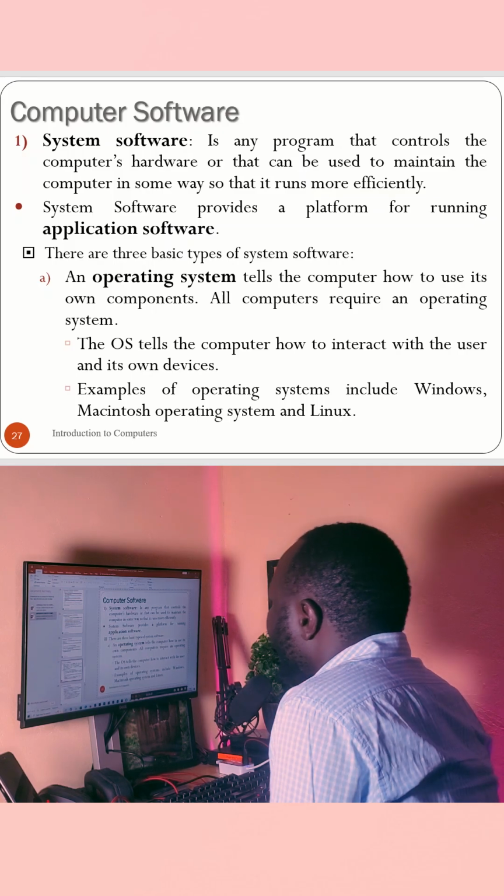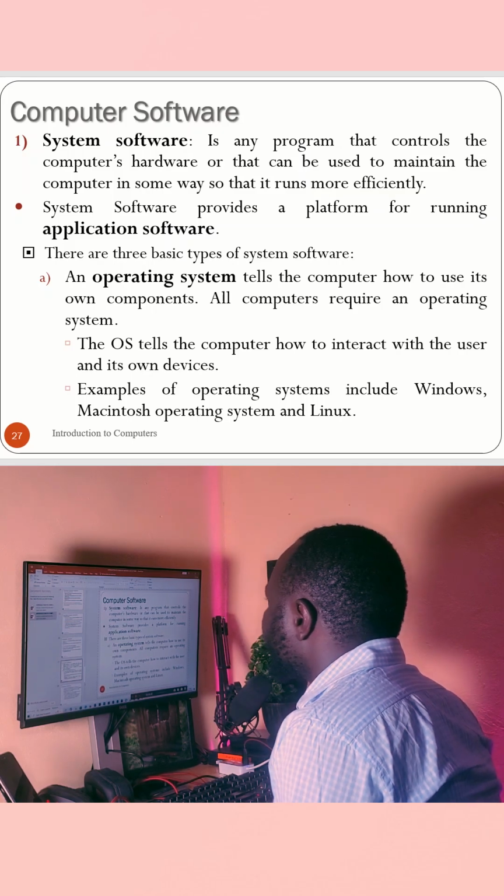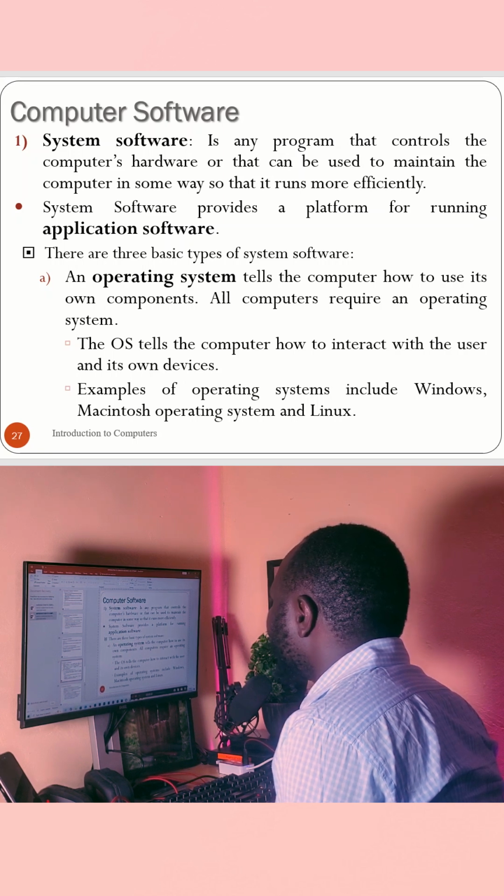This is how I want us to look at system software. It acts as a bridge connecting the computer hardware to the computer users and then to the application software. This is the point where the three different components or entities meet.